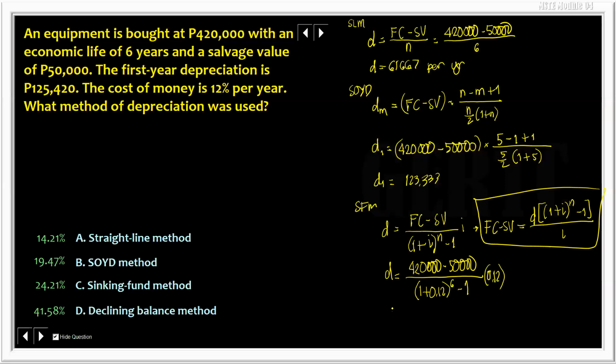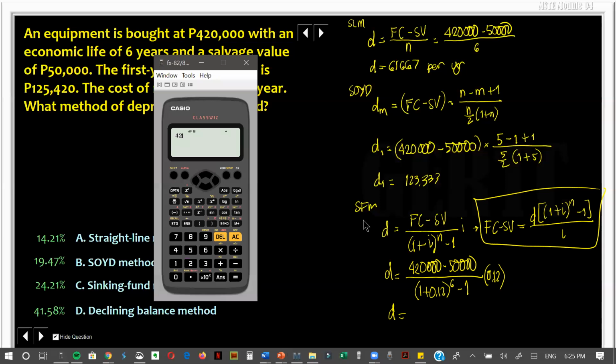Evaluating this, that gives us 420,000 minus 50,000 all over 1 plus 0.12 raised to the power of 6, minus 1, and times 0.12.